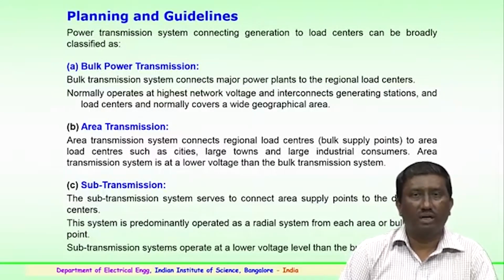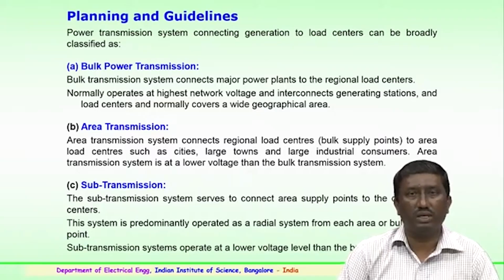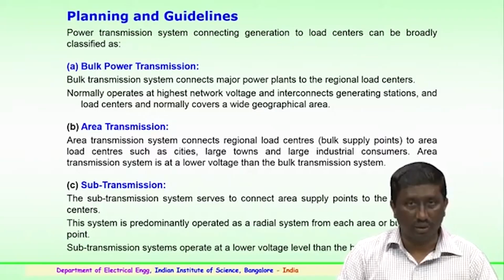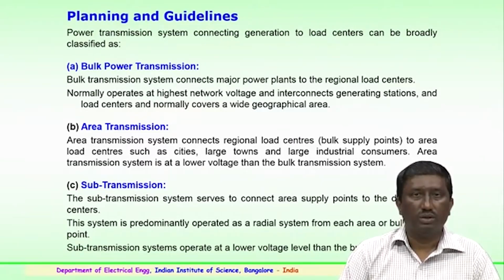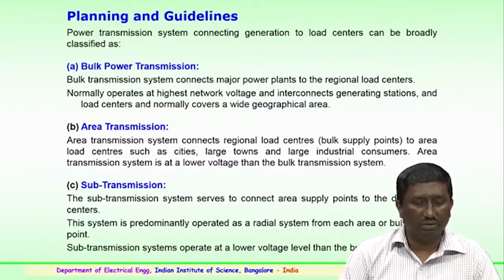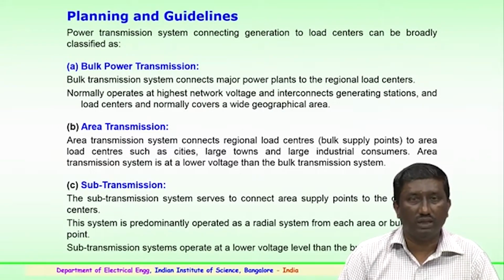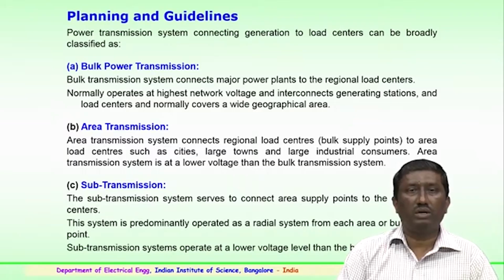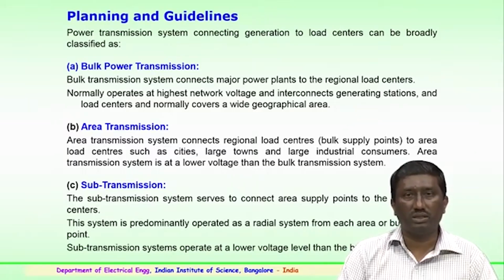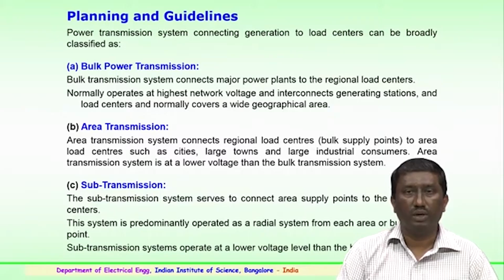So, the planning and the guidelines are very important in the case of the power transmission system, because the power from the generating station to the load centers has to be properly planned and economically transmitted. The planning and guidelines for transmission consist of mainly three categories. The first is bulk power transmission, where the bulk transmission normally consists of major power plants, thermal, nuclear or hydroelectric, and the loads are supplied at the regional level.